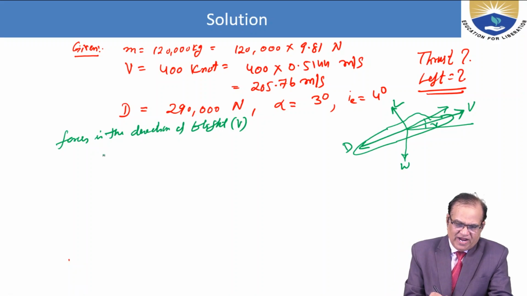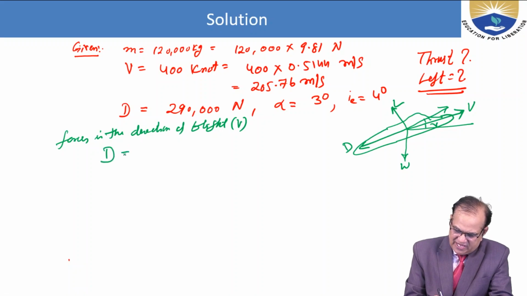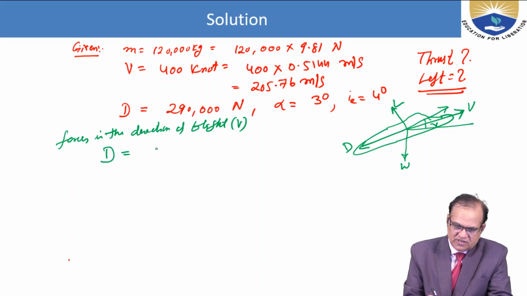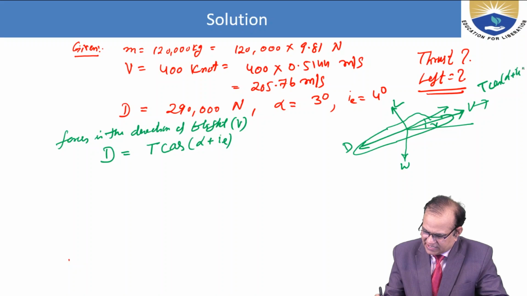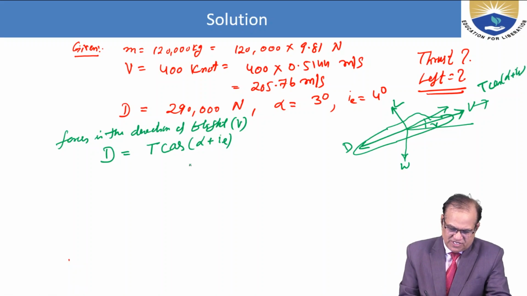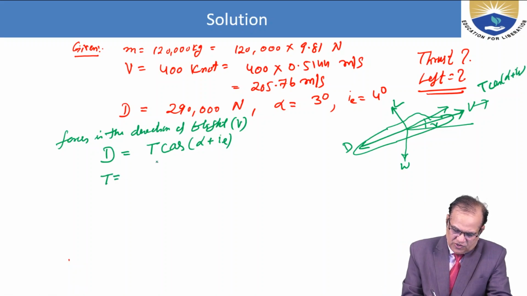We can find that the drag is equal to T cos of alpha plus iT. So this is the first equation. From here, T is equal to D by cos of alpha plus iT.